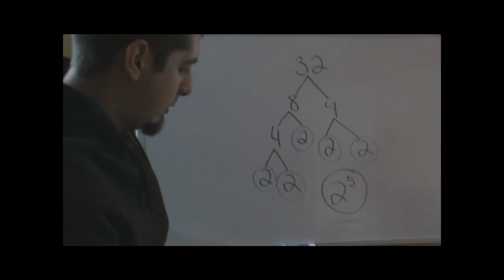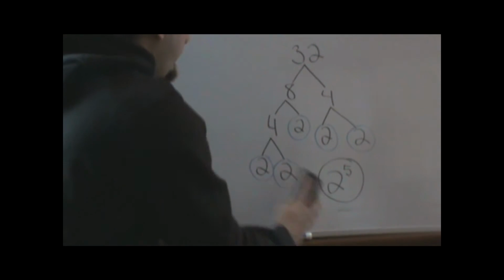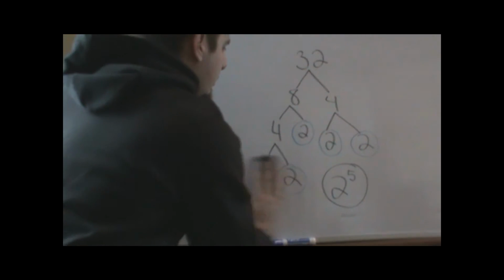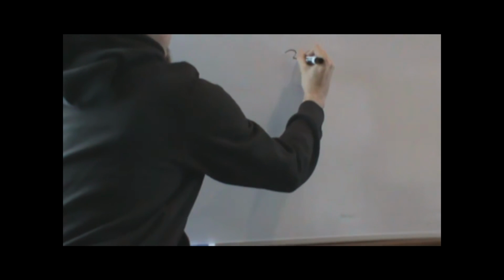So one more example using regular numbers of how to find prime factorization. Something without so many 2's. Let's try 36.